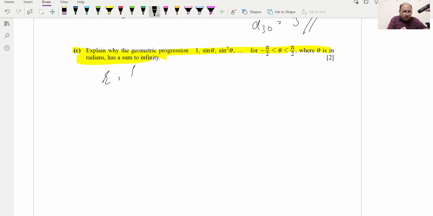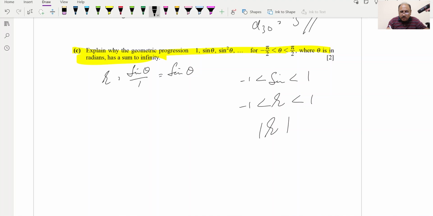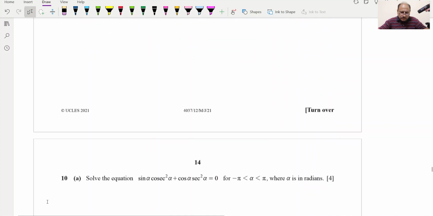So r will be equal to sine theta over 1, which is equal to sine theta, and sine theta we know is varying from -1 to 1. So it means r is varying from -1 to 1. So r mod will be less than 1. So this is how we can show this. This is an easier part.